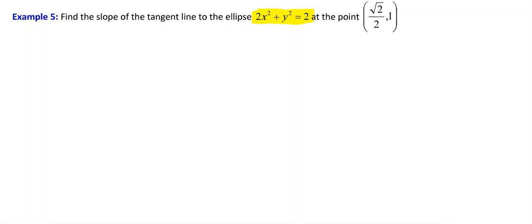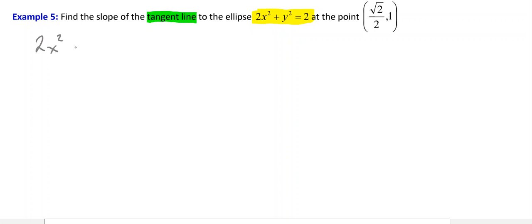So remember, the slope of the tangent line is the derivative of the function at that particular point. So we have to find a derivative. Let's do that. We're starting with 2x squared plus y squared equals 2.